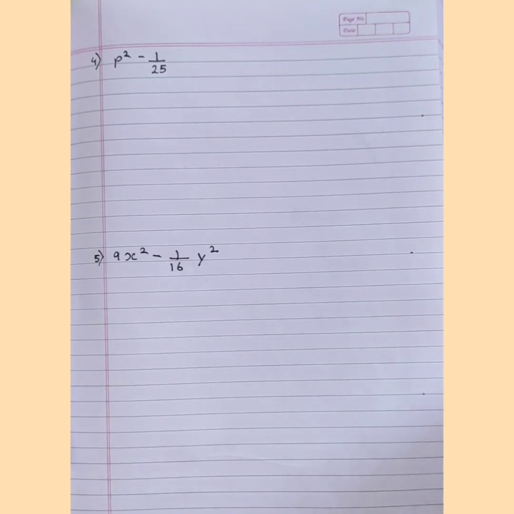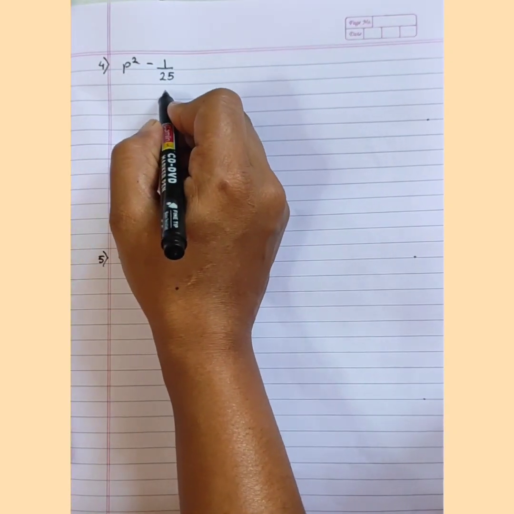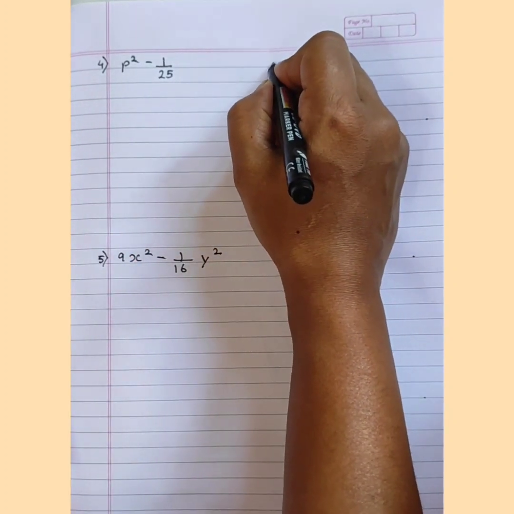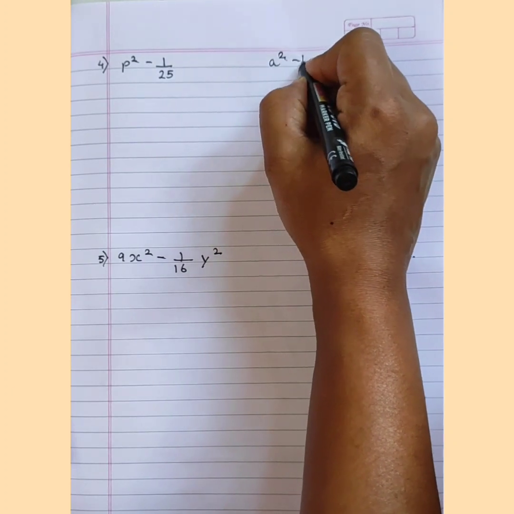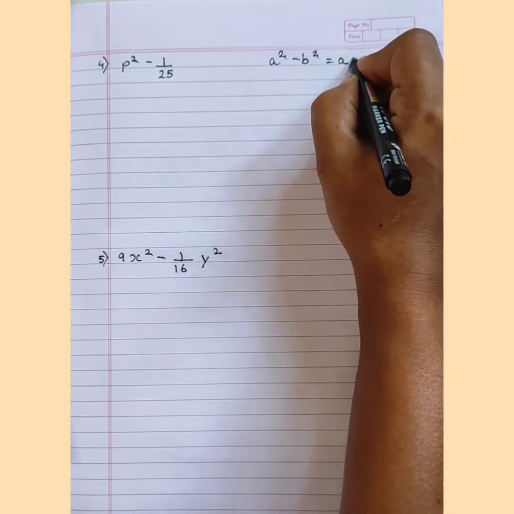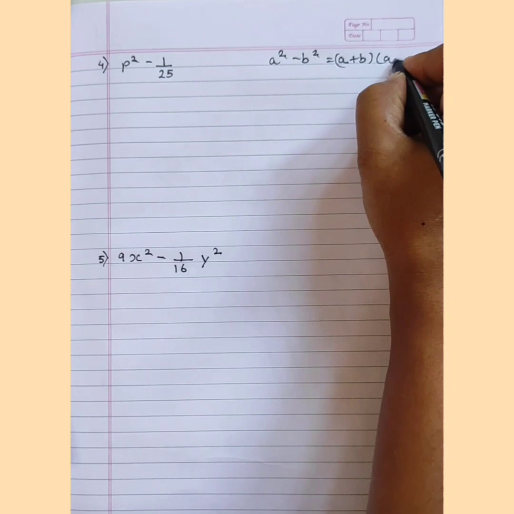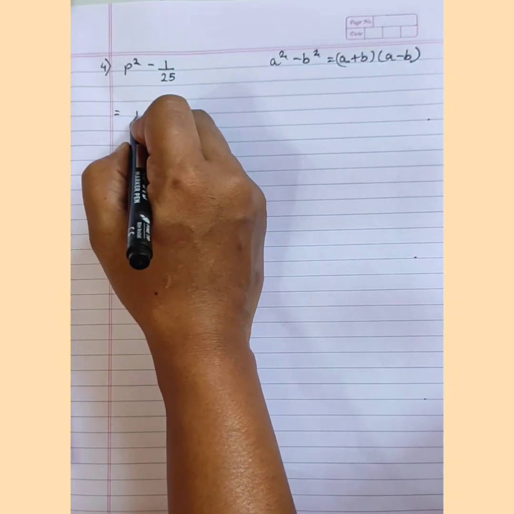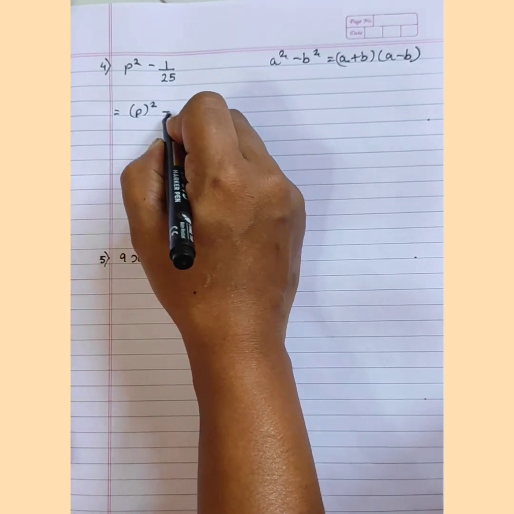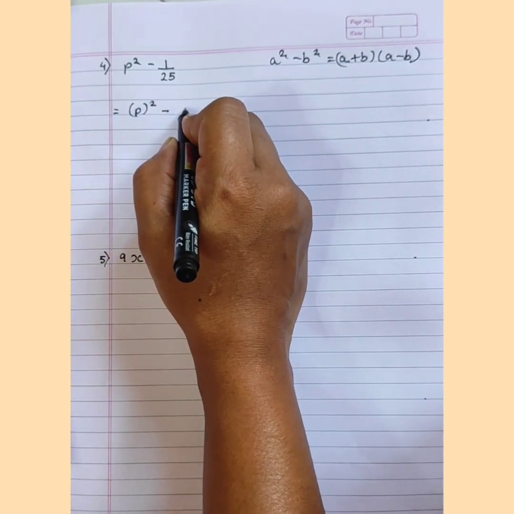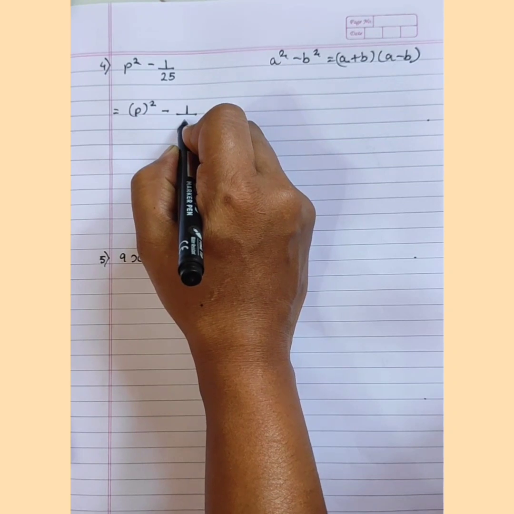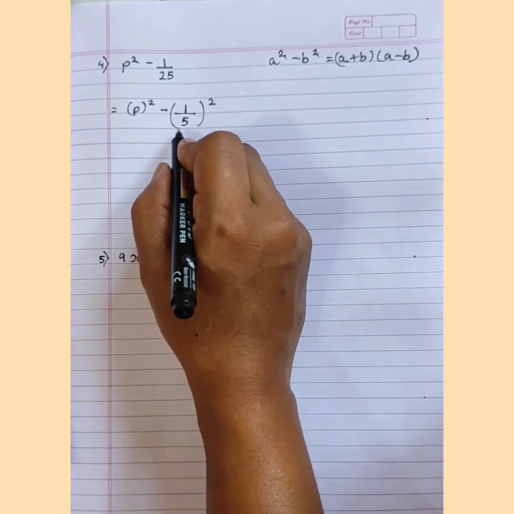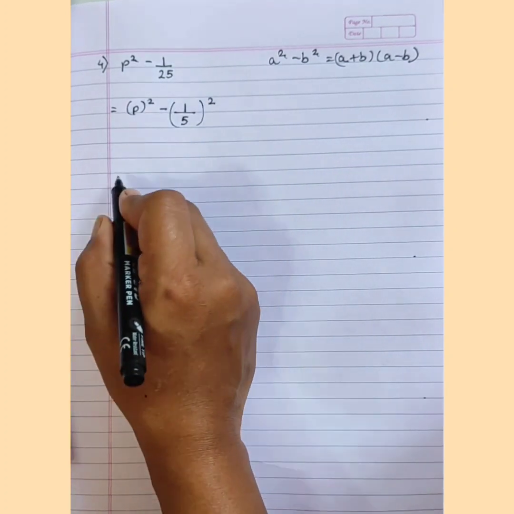Fourth question, that is p square minus 1 by 25. So we are going to use our algebraic formula a square minus b square is equal to a plus b and a minus b. First we can write p square as p the whole square, and 1 by 25 we can write as 1 by 5 the whole square, since 5 into 5 is 25.